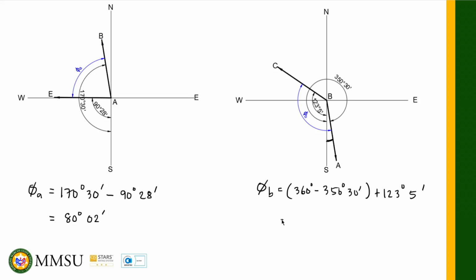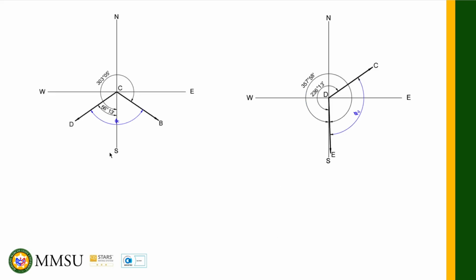So phi sub B is equal to 132 degrees 35 minutes.